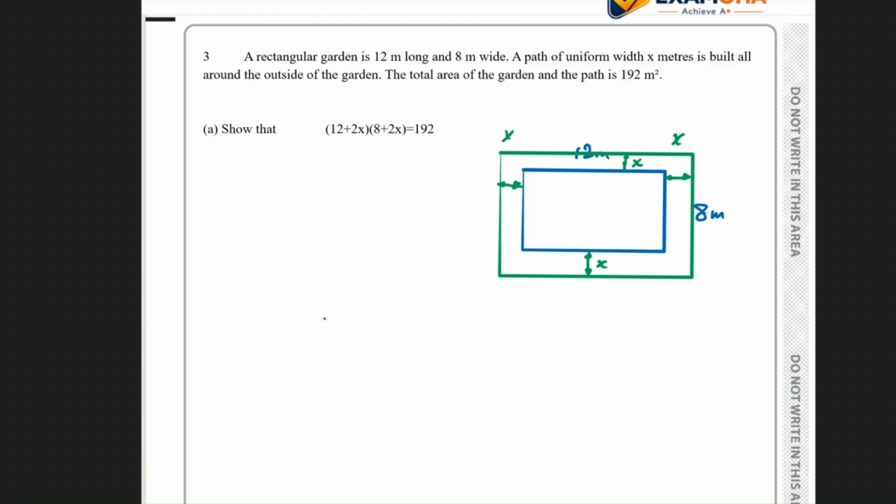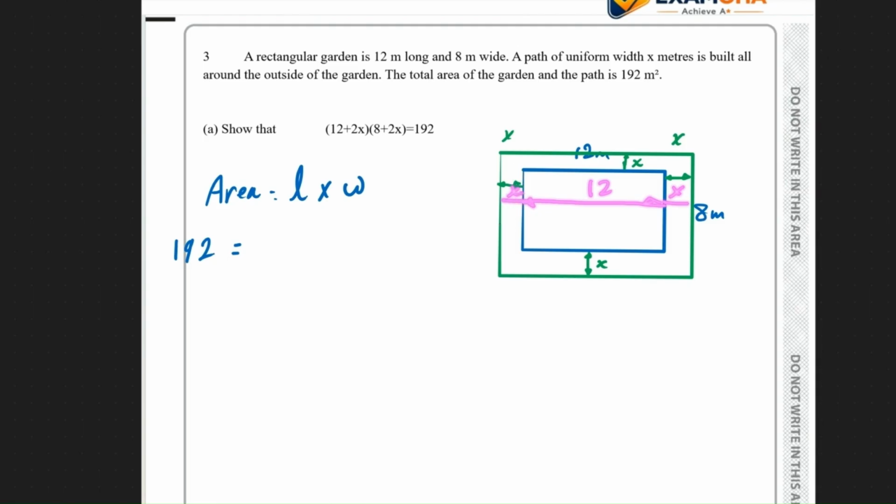And you know that the area of a rectangle equals length times width. And you know the area is 192. So what is the total length here? If you look at your drawing, you can find out this is 12, this x, and this another x here.